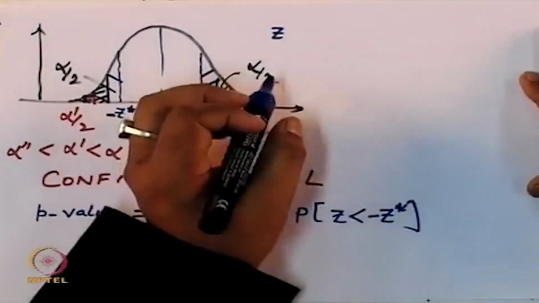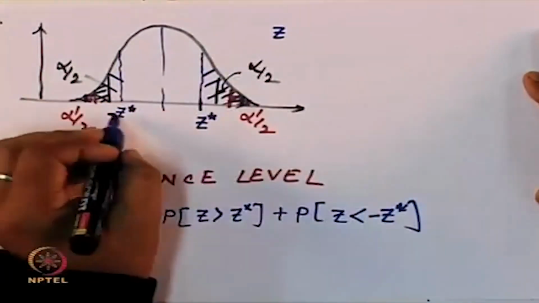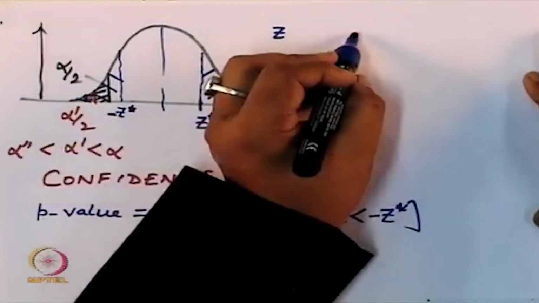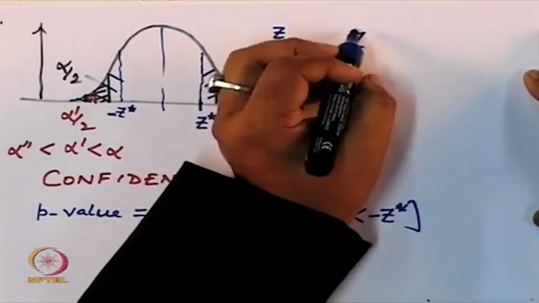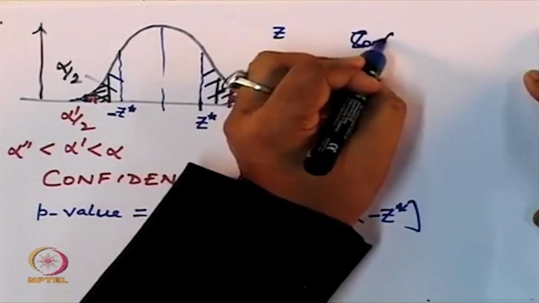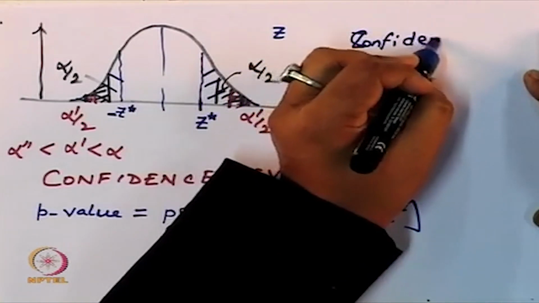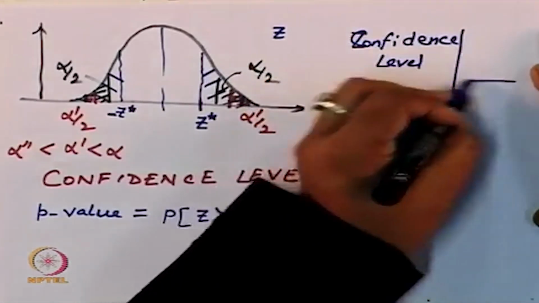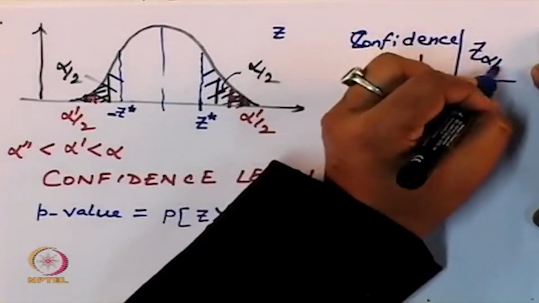For the two-tailed test, we call this value z alpha by 2. So, for the confidence level, you can have z of alpha by 2.